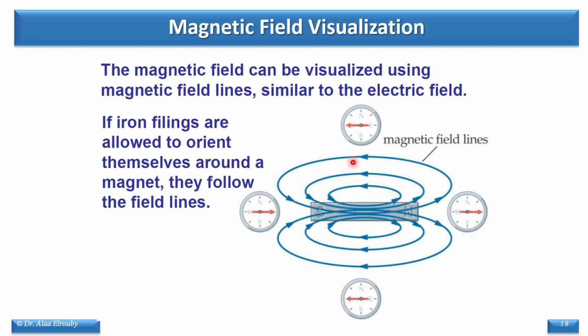This is the direction of the magnetic field associated with a permanent magnet or any magnet. No matter how small this magnet is, no matter how many times you split it into smaller pieces, you will always find this shape: north pole, south pole, and the magnetic field lines are closed loops around them.